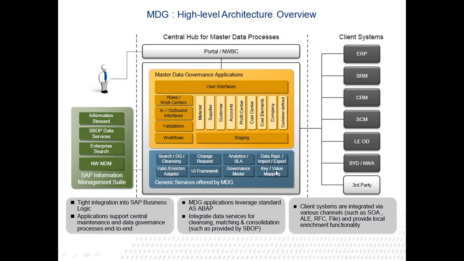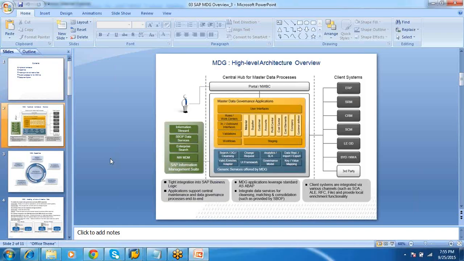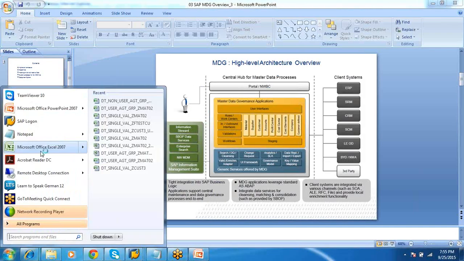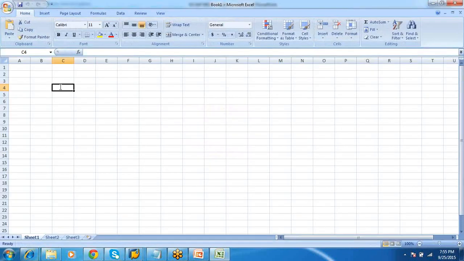One more concept here is key mapping and value mapping. Just for your benefit, I want to tell you what key mapping and value mapping are. For example, we have an MDG system. Here we have ECC, some SRM system, and some third-party system.